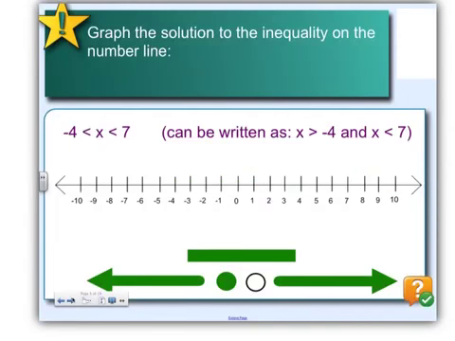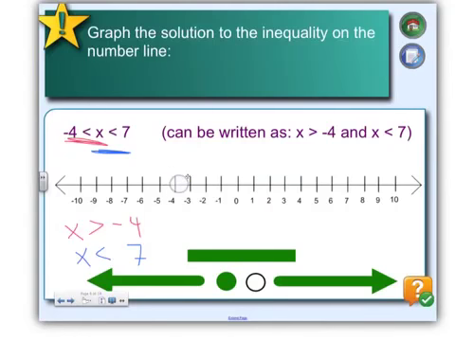And in this second one, we have an and statement. In this and statement, what this is really telling us here is that x is greater than -4, while what it's telling us here is x is also less than 7. And you'll see here in this example how that will look, because I'll have my -4 there, and it's greater than -4, so I'll point to the right.